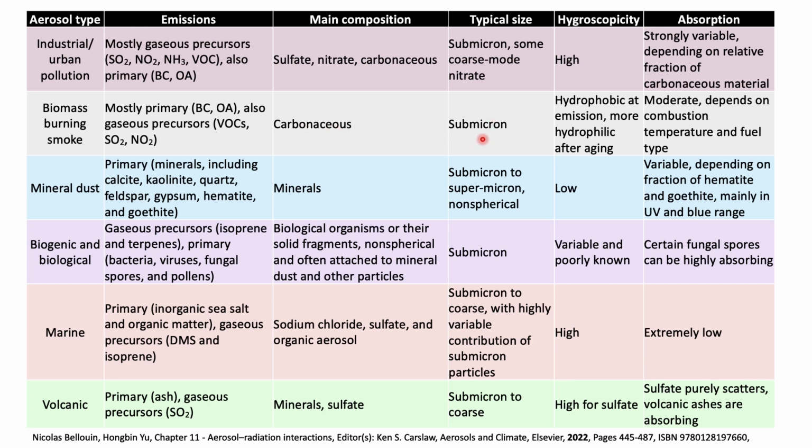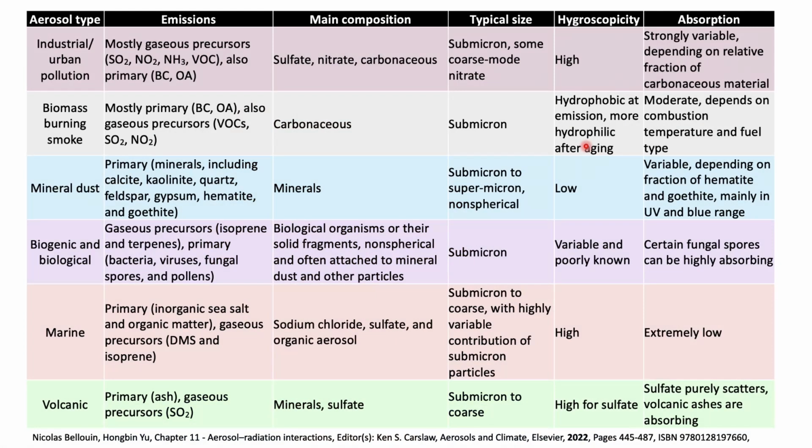Their size is typically submicron in the range, and they are hydrophobic at emissions, more hydrophilic after aging. Because when the aging happens, they are actually getting along with lots of water or the water vapor that is present in the cloud. So that is the reason they become more hydrophilic. Their absorption properties are basically moderate, and it depends on the combustion temperature and the fuel type.